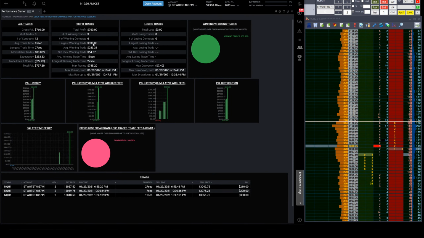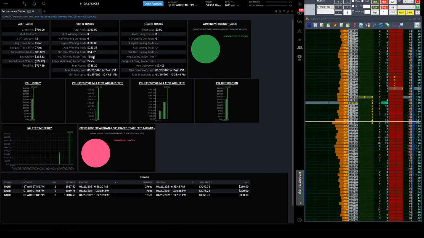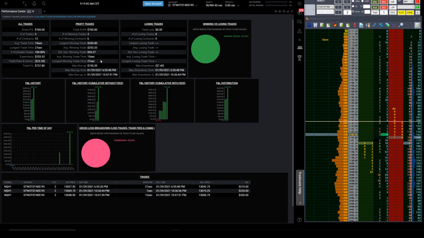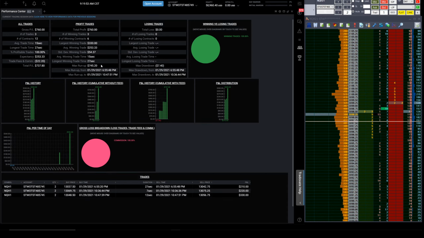Highest winning trade was 330, and average was 253, which is our expectancy because we didn't have any losers. Average time in a trade was 15 seconds, and longest winning trade was 27 seconds. Maximum run-up was $745.20, and our commissions are $22.20. So there you have it.